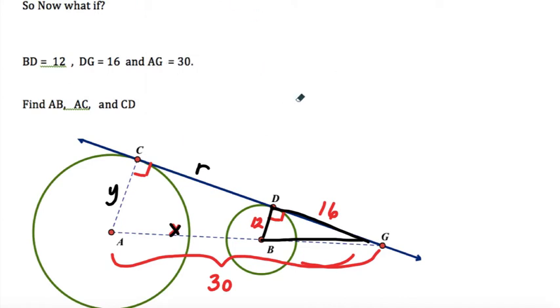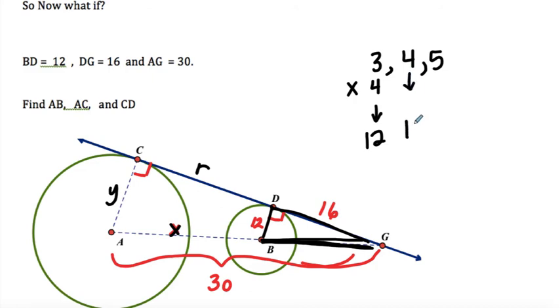Let me back up and erase. I see I have a right triangle right here, so I would use the Pythagorean theorem to find BG first. I see that right angle, and it's 12 and 16, so it appears to be a 3, 4, 5 triangle. 3 times 4 is 12. 4 times 4 is 16. So 5 times 4 would give me 20, which tells me that BG would be 20, which then makes X 10.